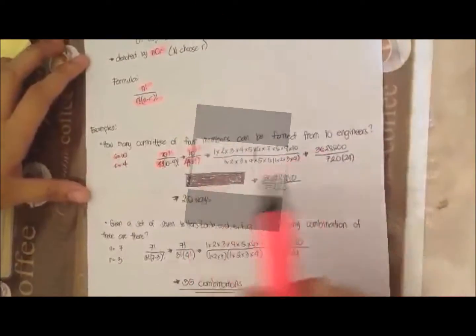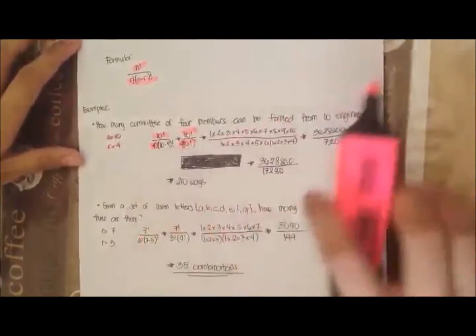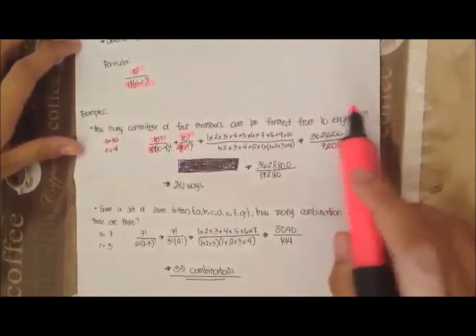So these are some examples of how to get the combinations of a given problem. The problem is how many committees of 4 members can be formed from 10 engineers.